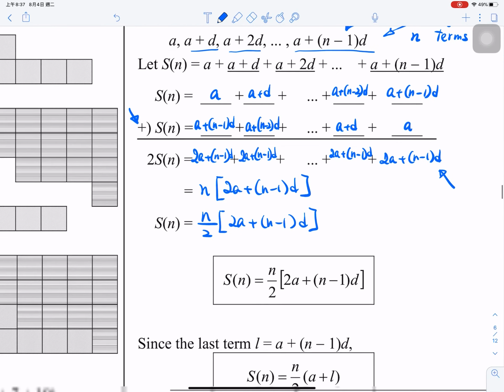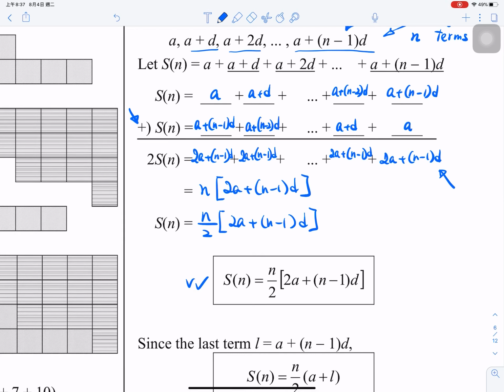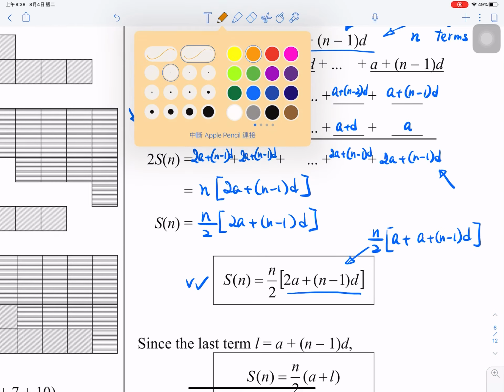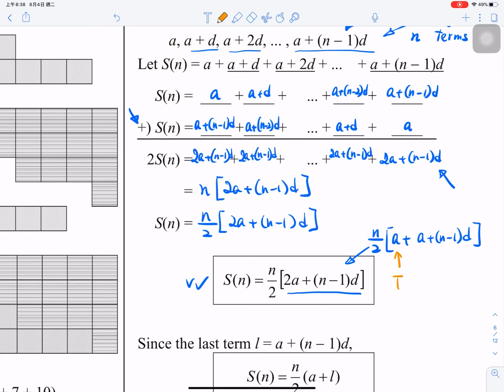Therefore, you have this formula. Remember how it comes from? This one means n over 2 times A plus A plus n minus 1 D, because this one is the first term and this one is the last term, Tn.